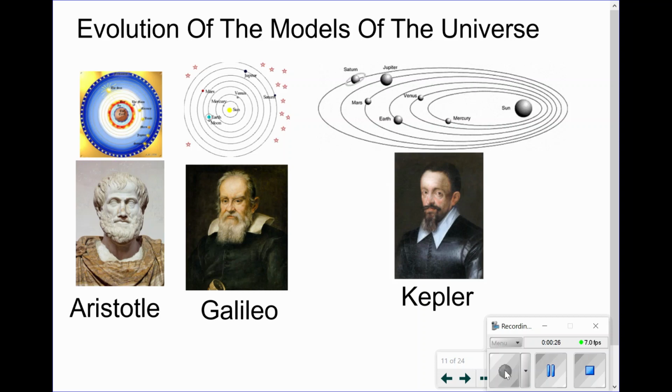All stars, all planets moved in a circular motion, and that's because they were made of an element that could never be found on Earth that caused them to move in a circle, while everything on Earth was made up of one or a combination of four basic elements of fire, earth, air, and water.